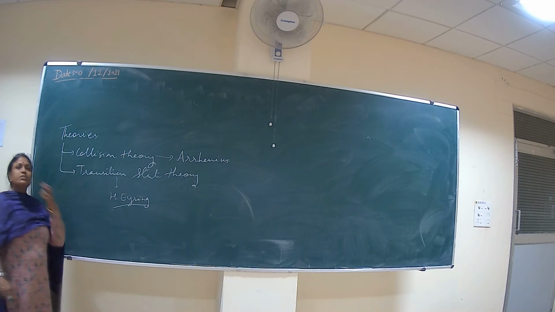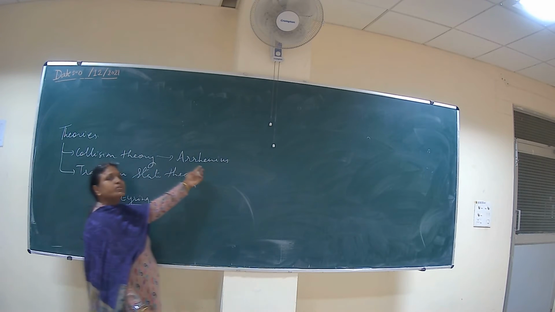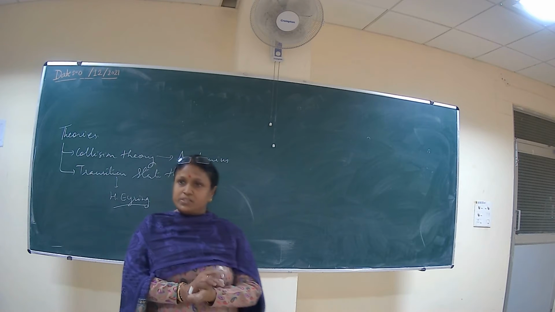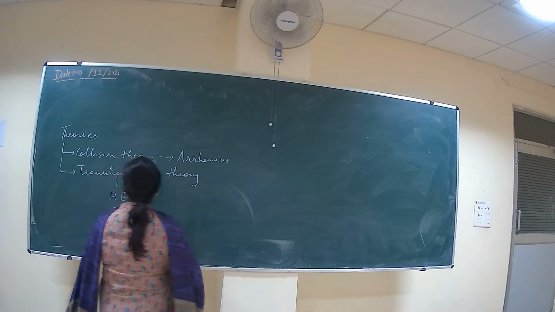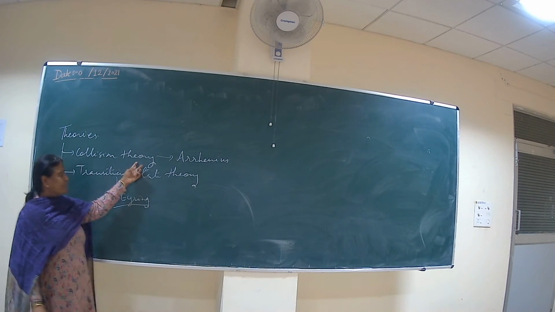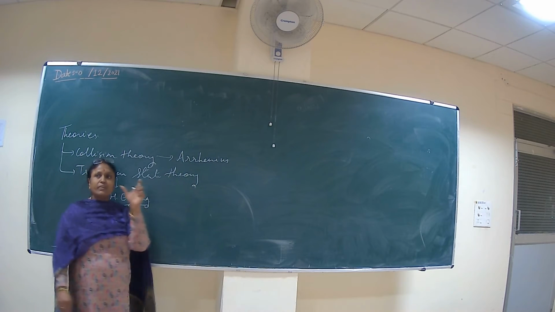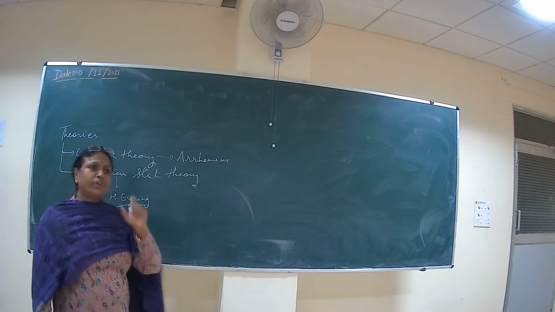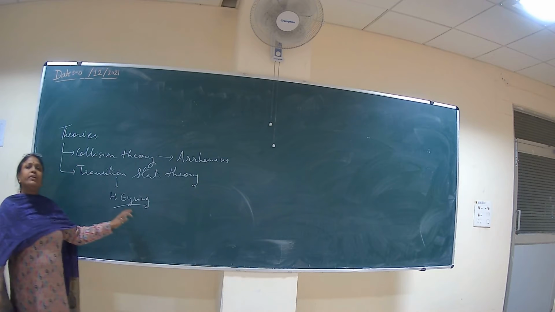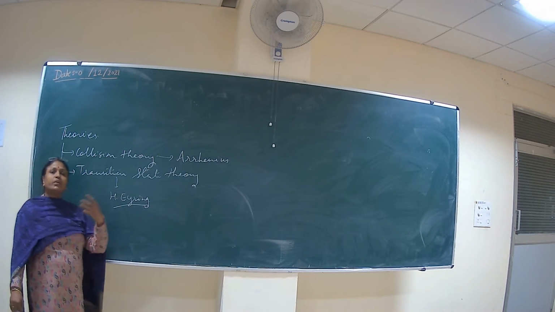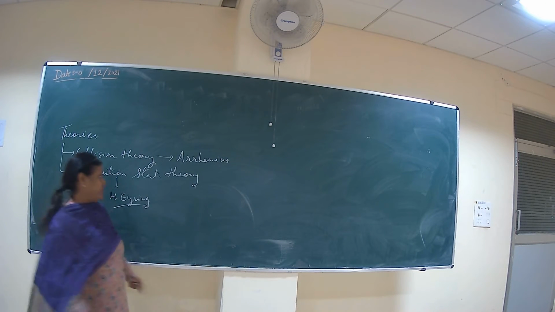Okay. So this Arrhenius also gives the concept of activation energy, and in the first collision theory, which was given by Arrhenius, we have an Arrhenius equation with the help of which we can easily find out the activation energy, or we are able to calculate the activation energy. Okay?